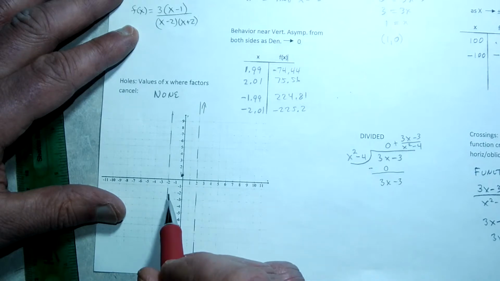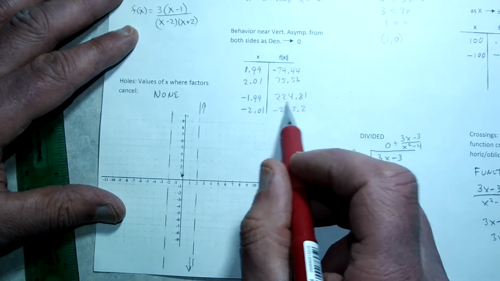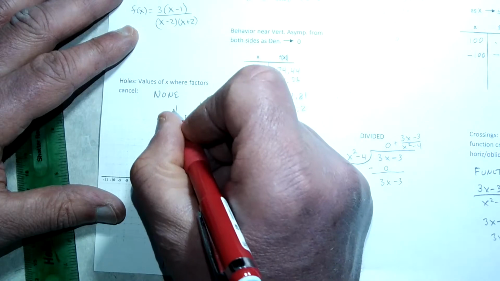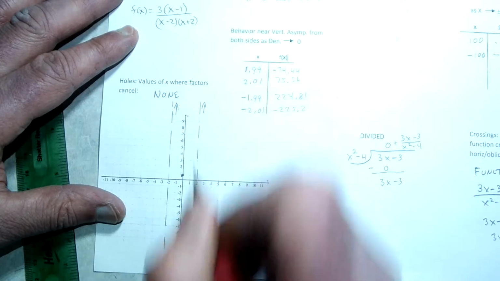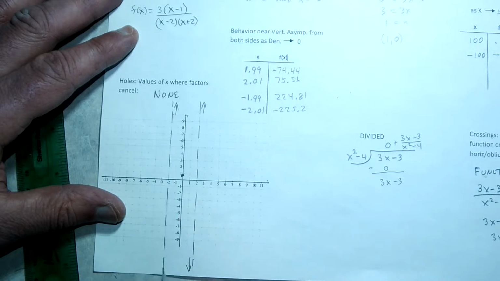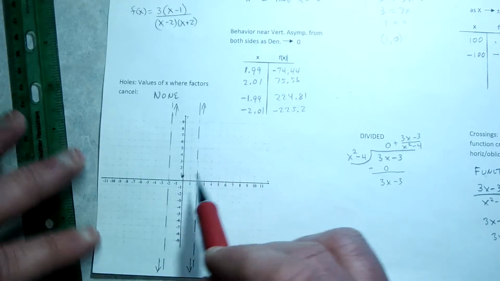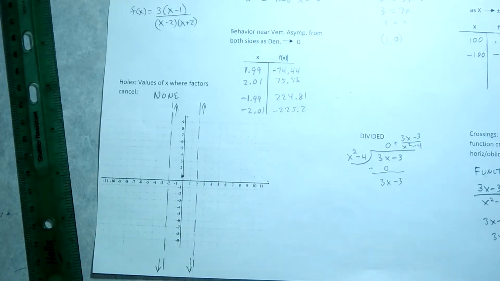Then when I approach the asymptote -2 from the right-hand side, at negative 1.99, I got a really big positive value, so this is going up on this side of the asymptote. And at negative 2.01, approaching from the left, it's going extremely down on the negative side. So I have some idea of what my graph of the function is going to look like as I get close to these asymptotes.